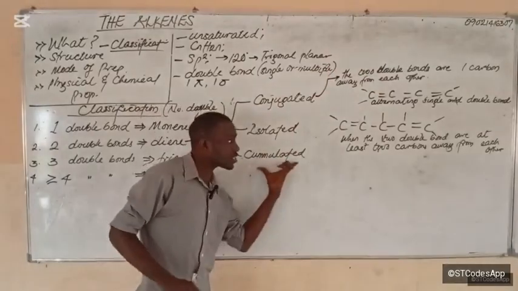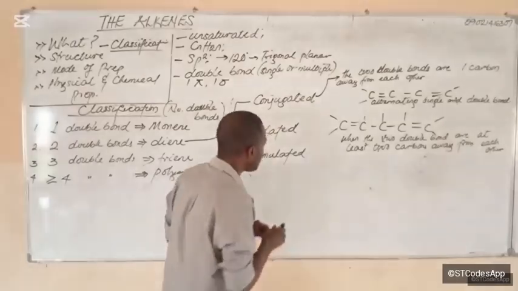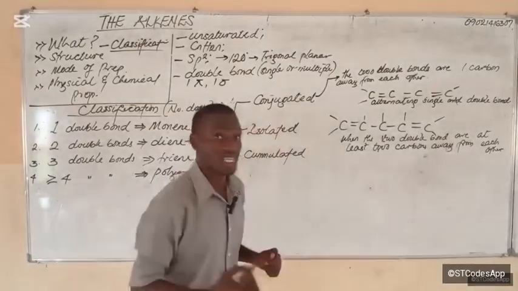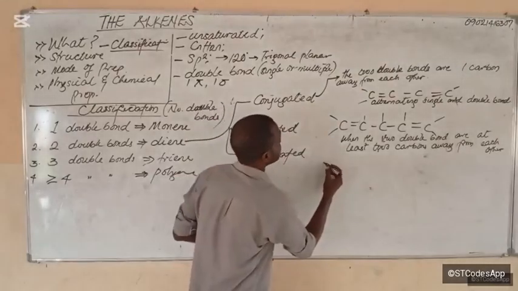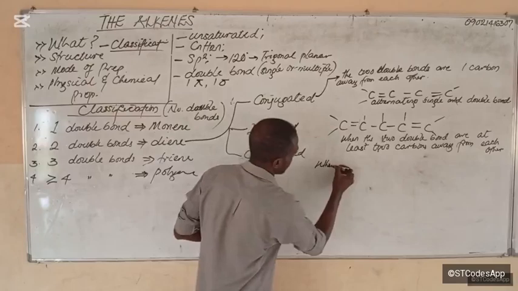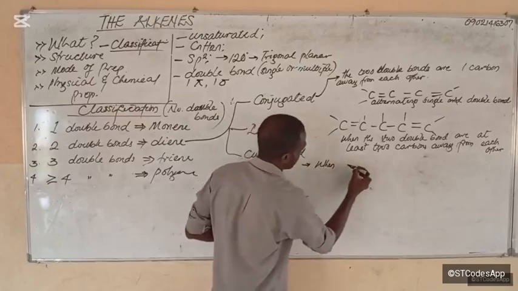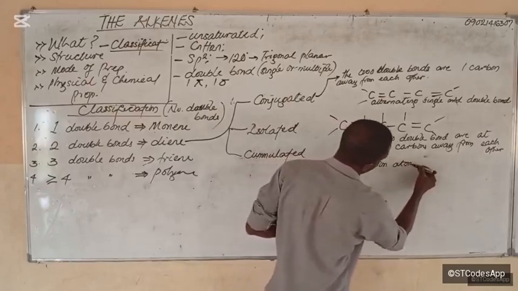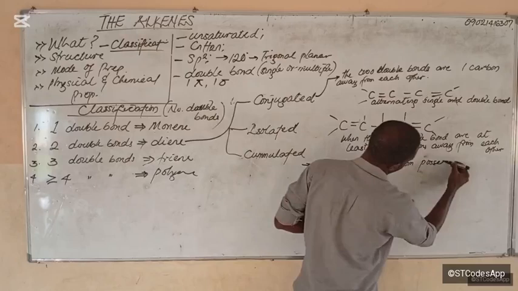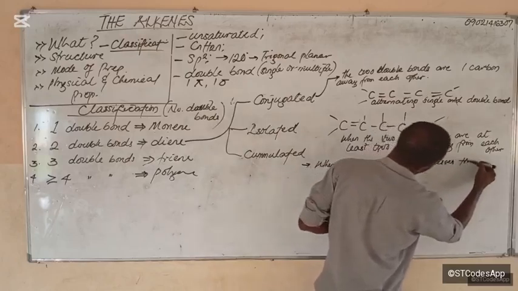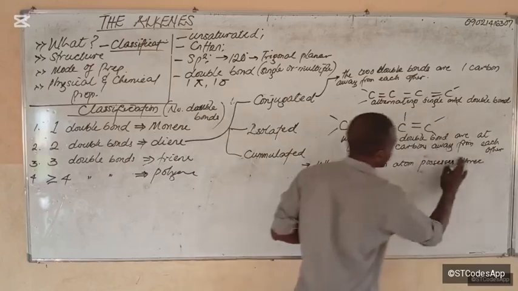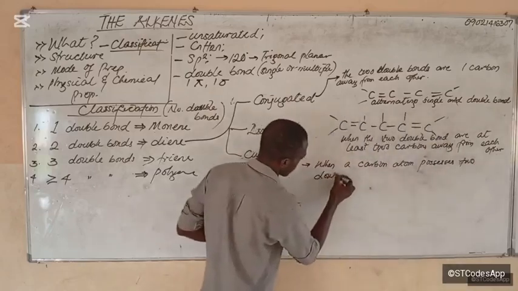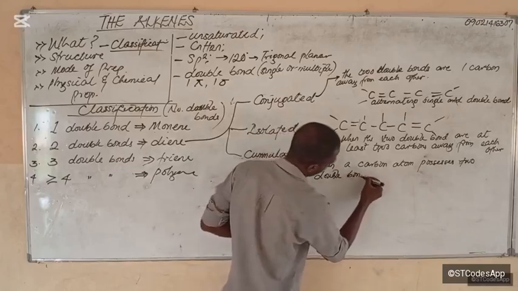Now, the cumulated system is when there is no space, when a single carbon atom possesses two double bonds around it.